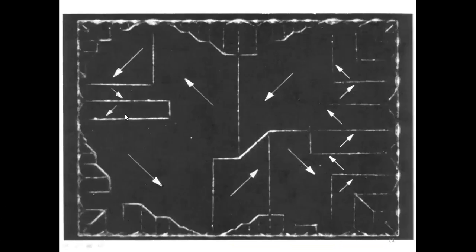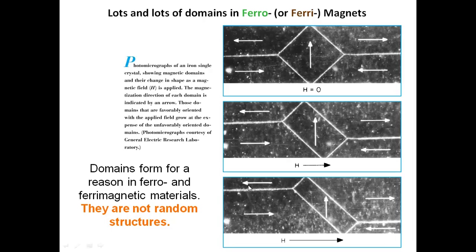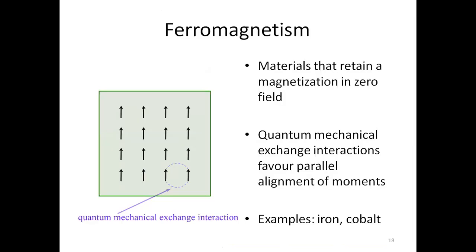Now this is the case for the magnetic moments in this particular direction; you'll find that the magnetic domains are in a particular direction.